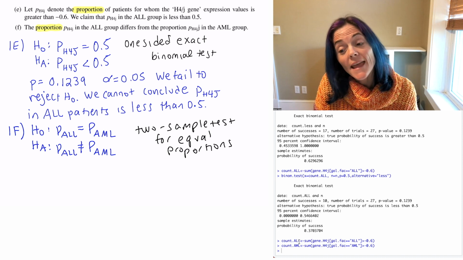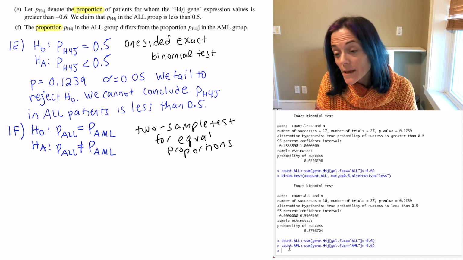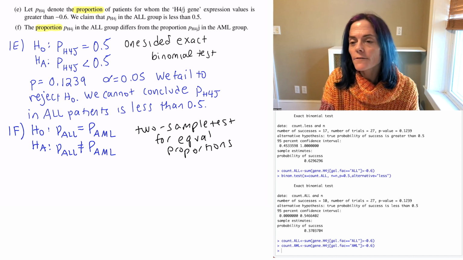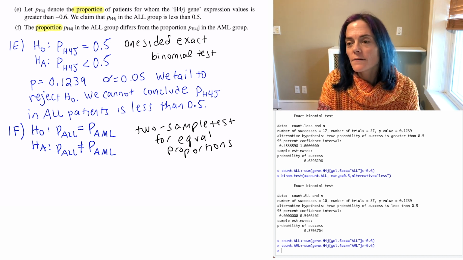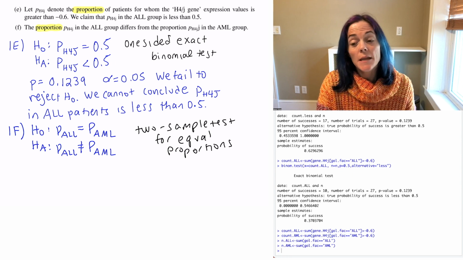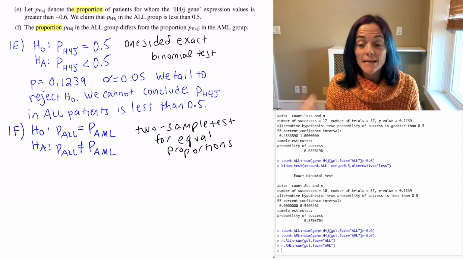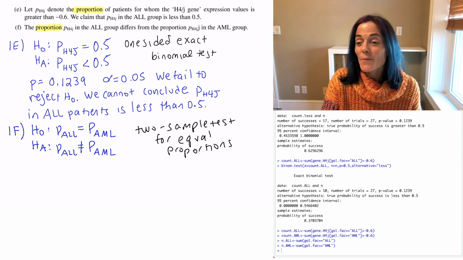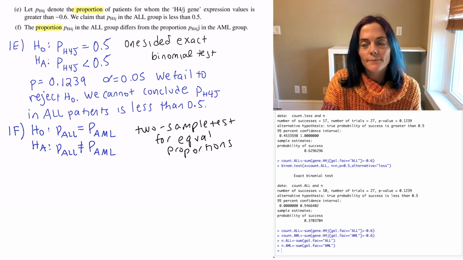We have count.ALL, count.AML. In fact, we already used the count.ALL above. And then we have the two different N's, the number of ALL patients, the number of AML patients. Then we use the prop test.